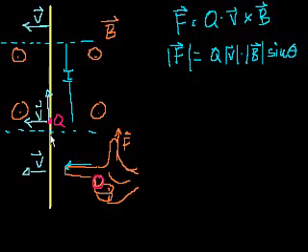So at least in very qualitative terms, you see that when you move a wire through a magnetic field, or when you move a magnetic field past a wire, right? Because they're kind of the same thing. It's all about their relative motion. If you move a wire through a magnetic field, it's going to induce a current in the wire.